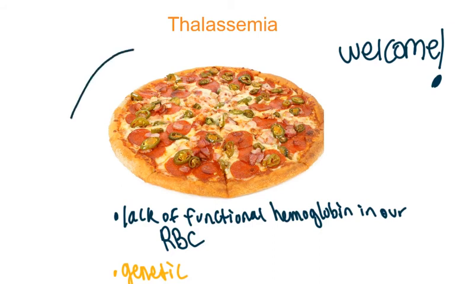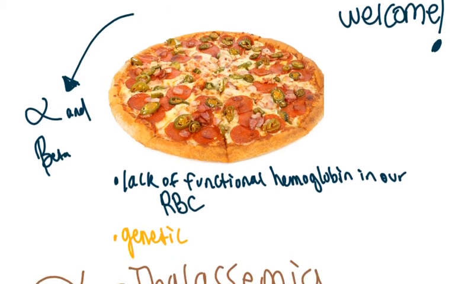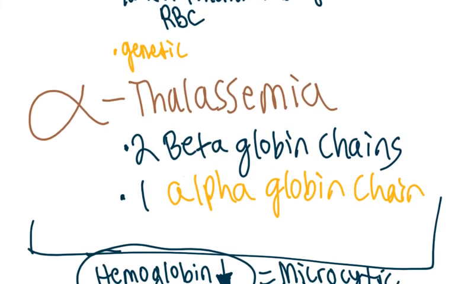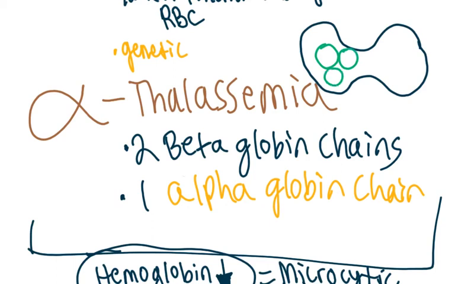So again, we have two types, alpha and beta thalassemia. We just discussed the basic idea: in alpha thalassemia, we're missing an alpha globin chain. So remember in our red blood cell, we have our biconcave shape like this, and then we have our 4 globin chains.